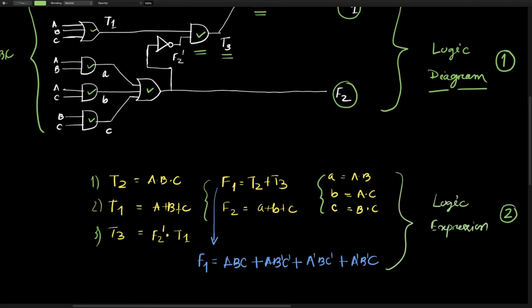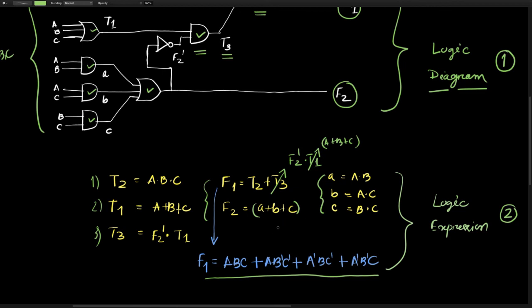F1 is T2 plus T3. I have simplified that to this particular final expression. You can substitute the value of T3 here, which is F2 complement dot T1, and T1 is also A, B plus C, and F2 is given here, and F2 complement is the complement of that, and thereby you find the final expression.